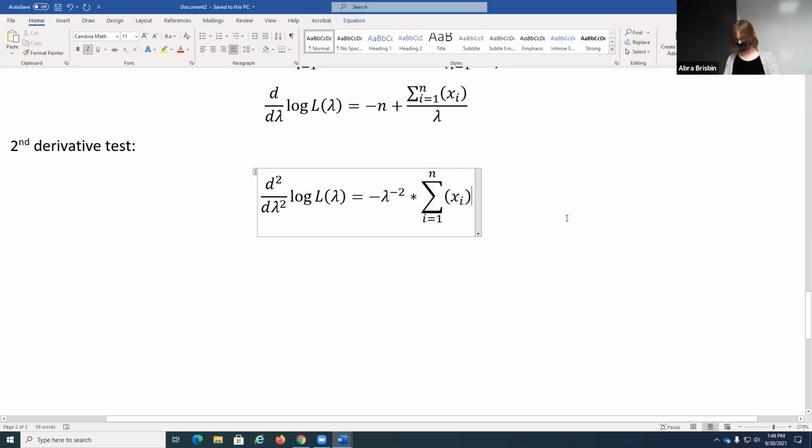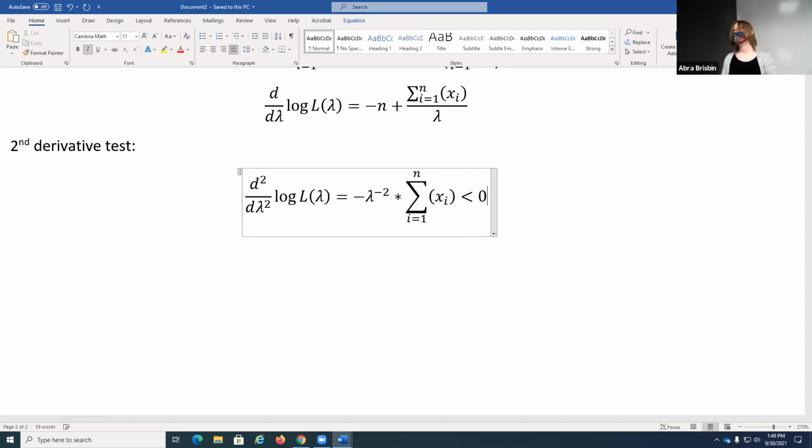So this is always less than 0. So that's telling us that the function, the log likelihood, is concave down. So the critical point we found is a maximum.